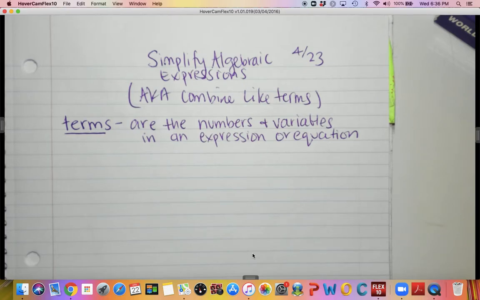Simplify, you should know, means we make it smaller, right? We make it into the smallest term. So I won't write that down because that's a word we use all the time.